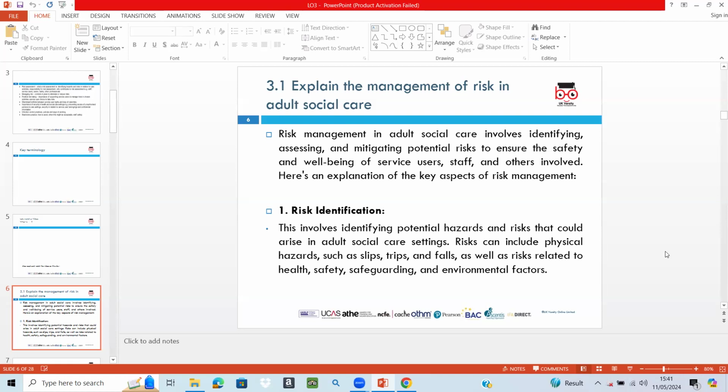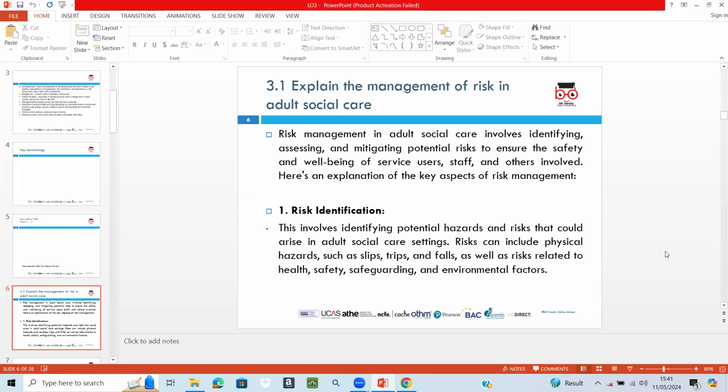Then safeguarding risks are important. We need to identify risks which are associated with abuse, neglect, exploitation, or violation of individual rights, and implement measures to protect vulnerable adults from harm. Then we have environmental risk as well.